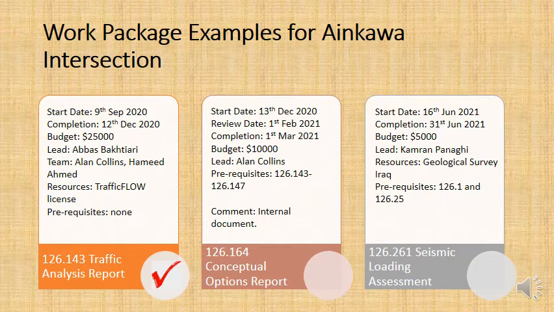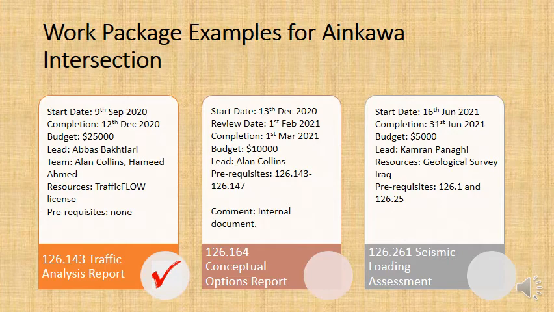Now, you also have a start date, you've got a completion date. In this one, I've also got a review date, meaning that there's a date for when this work package needs to be reviewed by others. And this comes a little bit later in the project, so it's actually got prerequisites. All of the prerequisites, all the work packages from 126.143 through to 0.147, they need to be completed before this work package can be achieved.